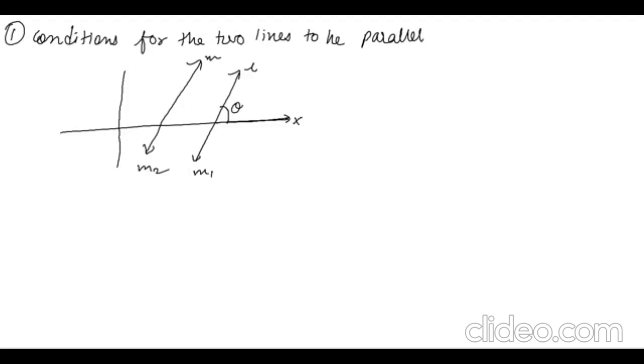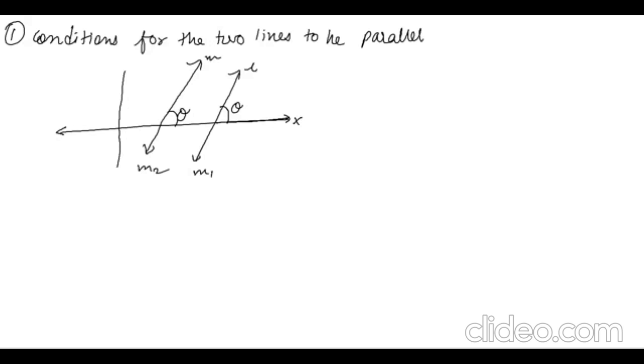Then as these two lines are parallel, this angle will also be theta only, according to the concept of corresponding angles, where your x-axis is the transversal, and these two angles will be corresponding angles. And you know that corresponding angles are always equal if the two lines are parallel.